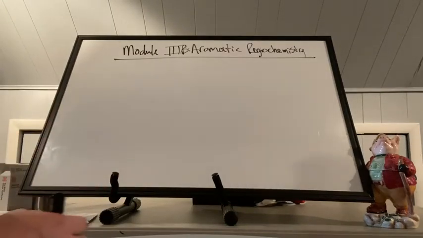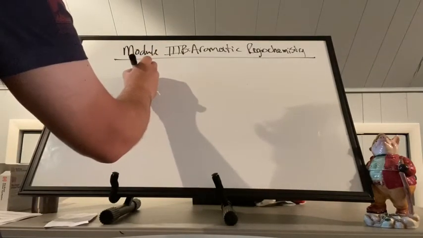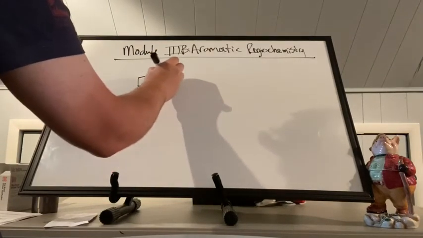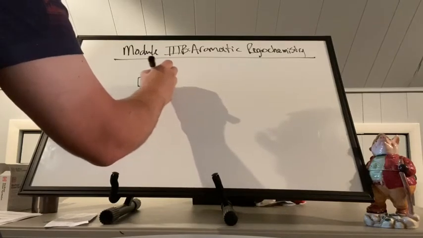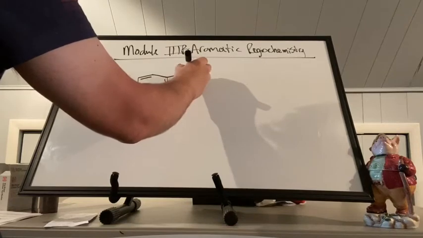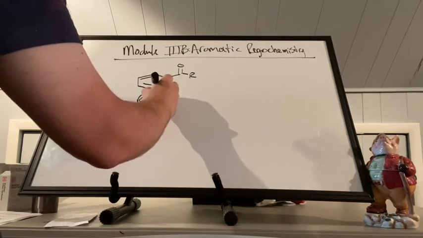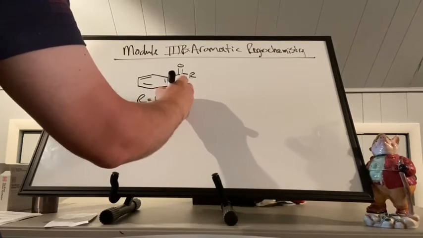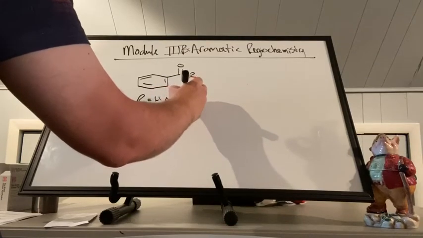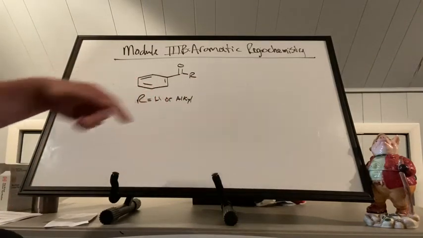So, what I want to go over with you is a few reduction techniques. I'm going to use an aromatic substrate, so this could be a hydrogen or an alkyl group.